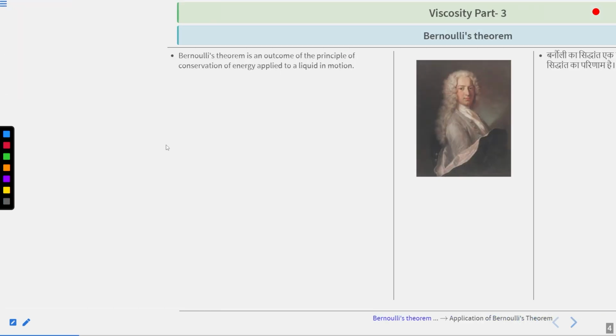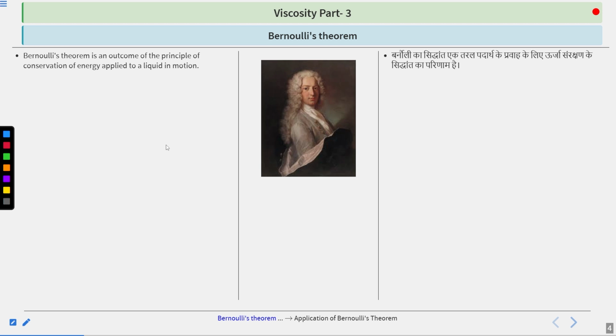Now, let's begin with the topic Bernoulli's theorem. So basically, Bernoulli's theorem is an outcome of the principle of conservation of energy applied to a liquid in motion.